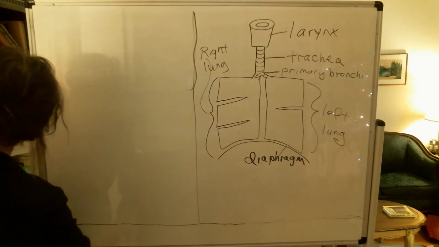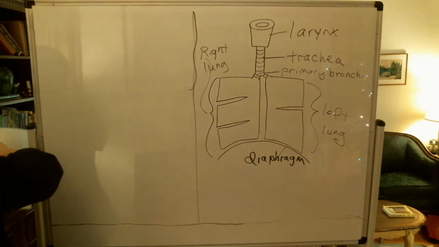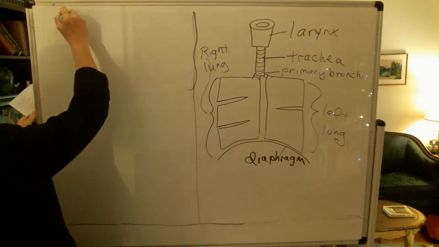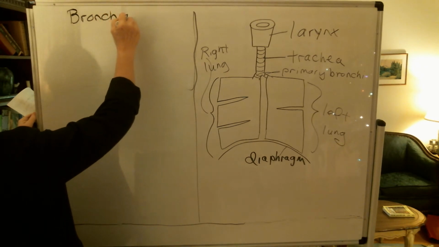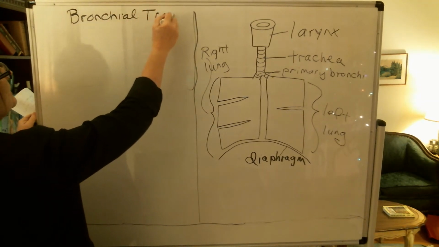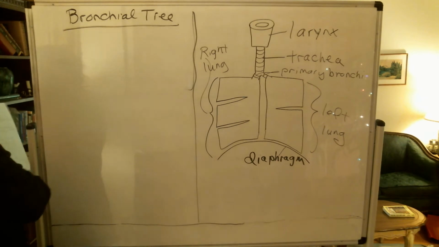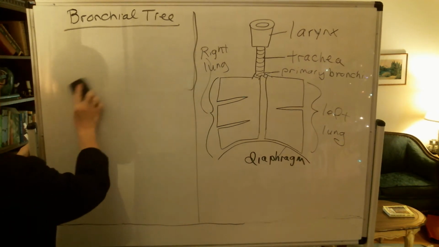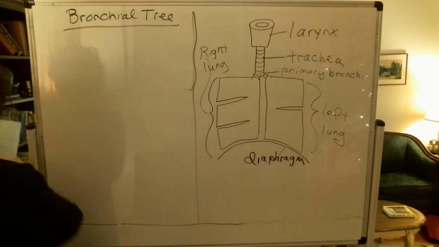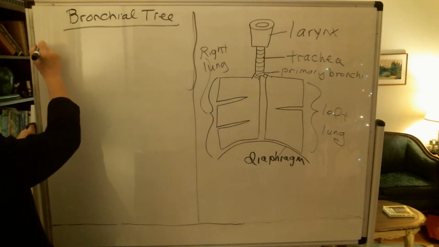Now I am going to go into what is known as the bronchial tree, much of which is inside the lungs. So you actually have to cut them open in order to see this stuff. But we'll start on the outside with the trachea.